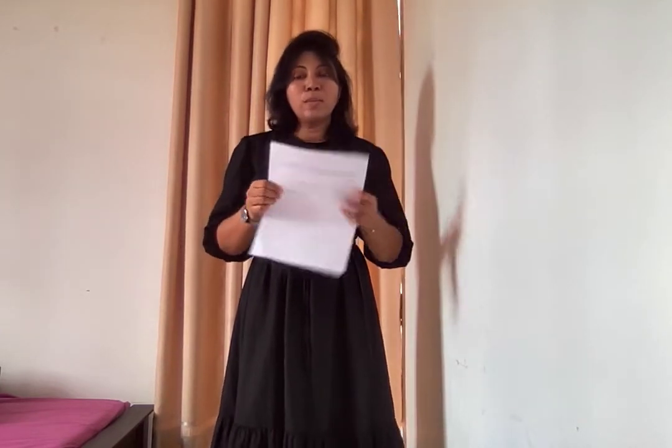You get short extracts, like 1 or 2 lines from your poems, and they would ask you questions like from where this extract is taken, who wrote it, whose words are these, who utters these words, and what literary devices are brought out in this particular extract. Likewise, you get some short questions, and you have to write them for 5 marks.